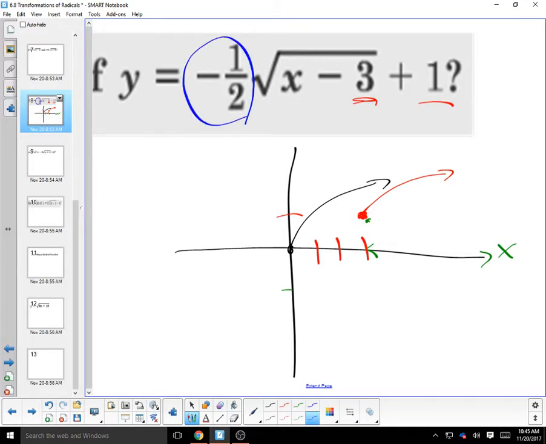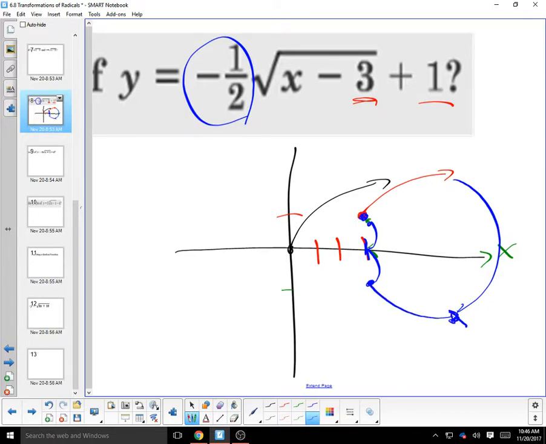The negative means it got flipped over the x-axis, right? So if you can imagine me flipping it over to this side, kind of just flat. What I do is find that point. From this 3, I went up 1, so instead of going up 1, I'm going to go down 1 unit, wherever that is. And then the whole thing should also flip. If it's caving upward, this one should be caving downward, see?